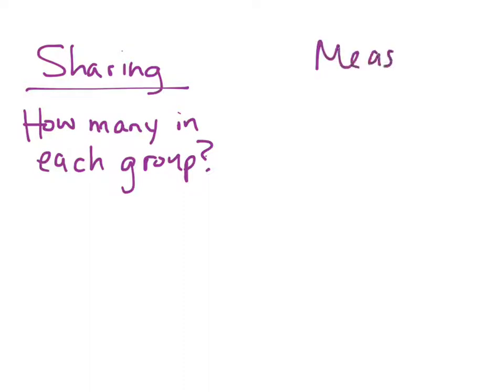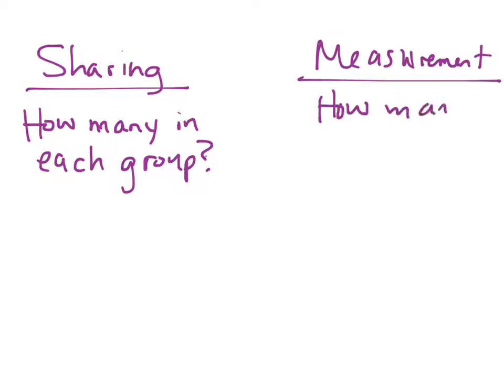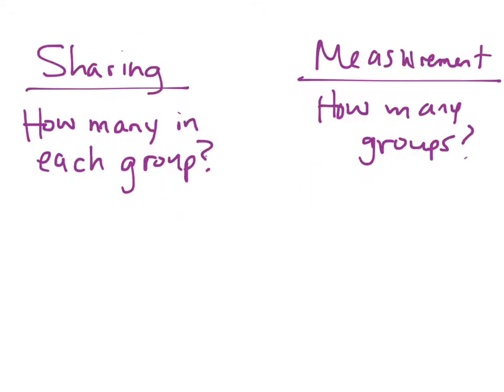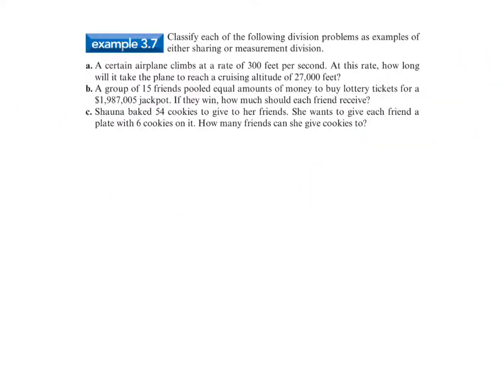Whereas in measurement, the question is how many groups? So here we know how many objects in a group, but we needed to know how many teams of children, how many groups could be made from those 20 children.